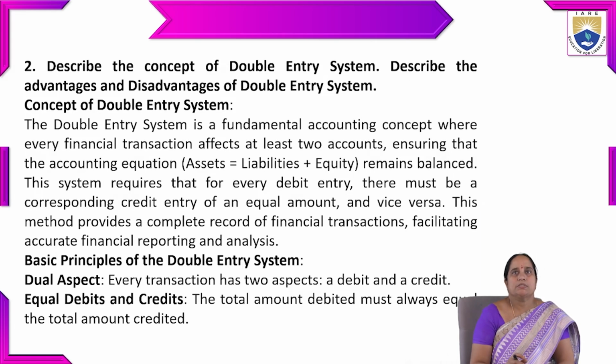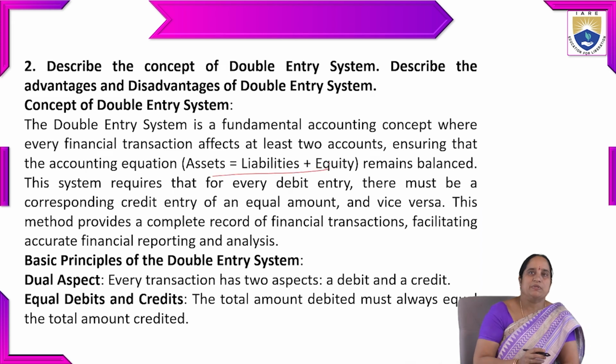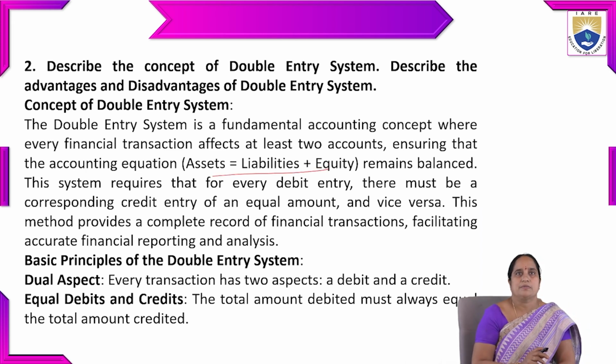Then describe the concept of double entry system. Describe advantages and disadvantages of double entry system. The concept of double entry system is a fundamental accounting concept where every financial transaction affects at least two accounts, ensuring that the accounting equation, assets equal to liabilities plus equity, remains balanced.